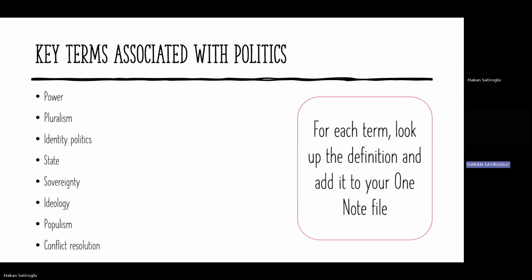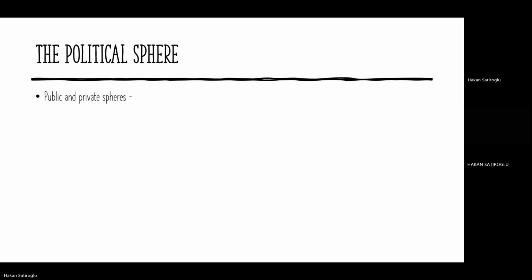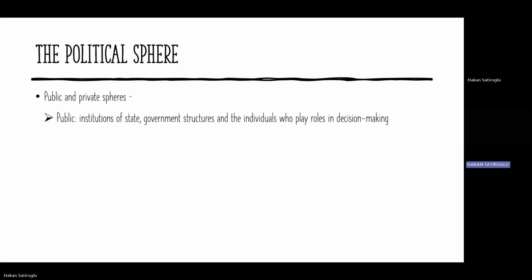So the political sphere: clarify the difference between public and private sectors, and discuss the civil society role in shaping policy. It is one of the discussions, because we expect civil society to be involved in shaping the policy as well.